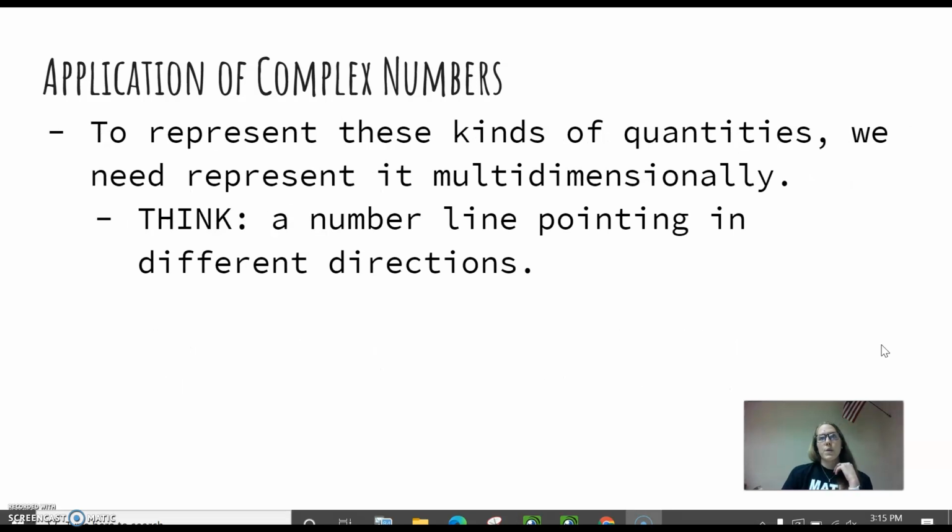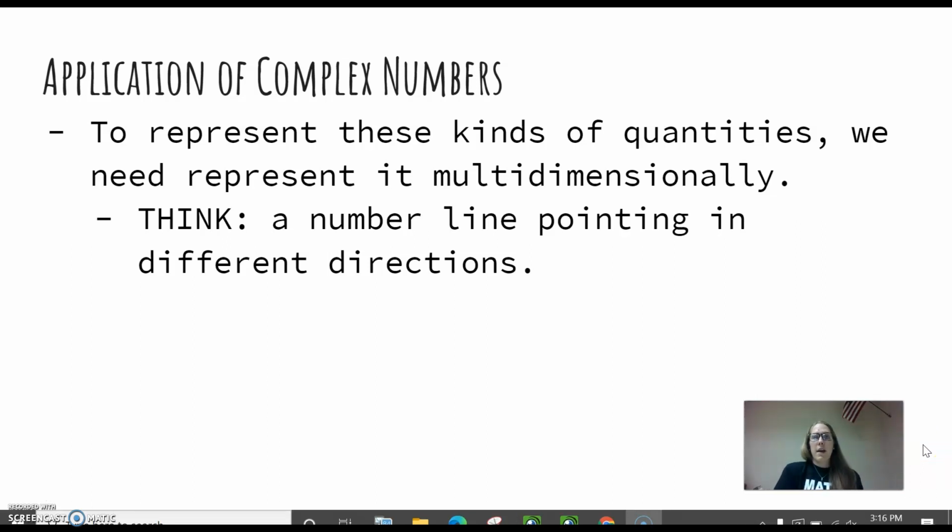One way for students to get a visualization of this, so they might be like, okay, I understand that a plus bi, but how does that really work multidimensionally? I like to have them think about a number line pointing in different directions.